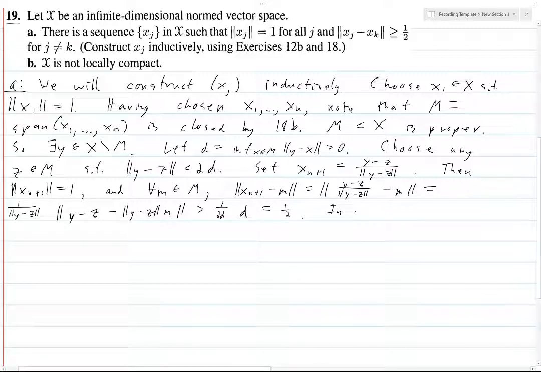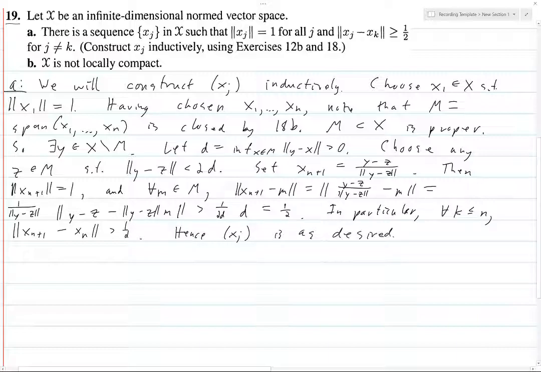So in particular, for all k less than or equal to n, the norm of xn plus 1 minus xk is going to be greater than 1/2. Hence, xj is as desired.